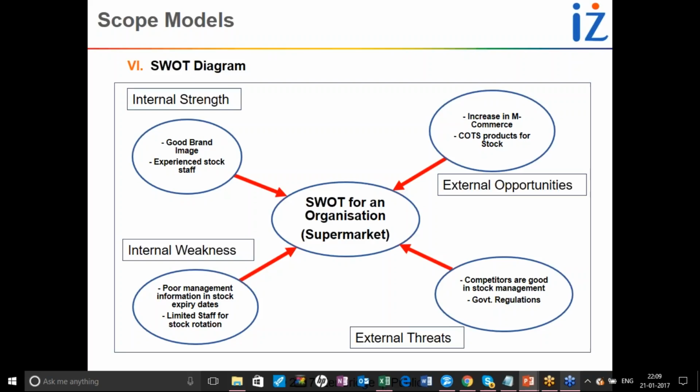So you may end up giving training and hiring again and again, but you won't be able to stand in front of competitors, because you are not taking care of external threats and opportunities. So at the high level scope models, you need to discover what the right problem to solve is.